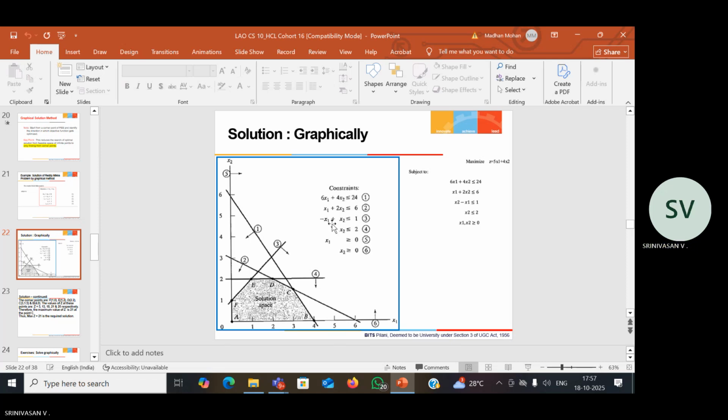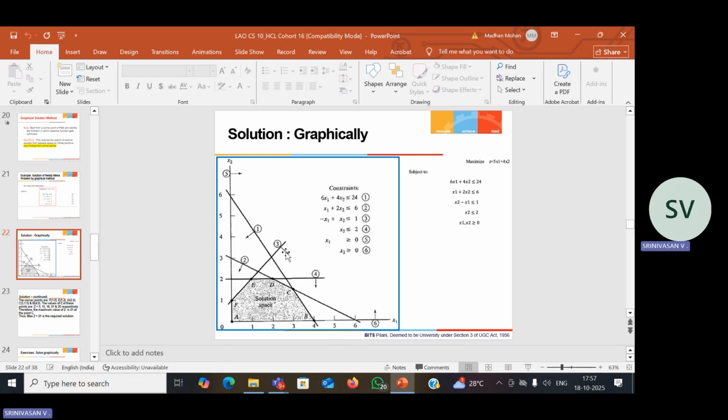And if you put x2 equal to 3, x1 is 2, so the point 2, 3. You get minus 2 plus 3, which is 1. So you get the third equation.